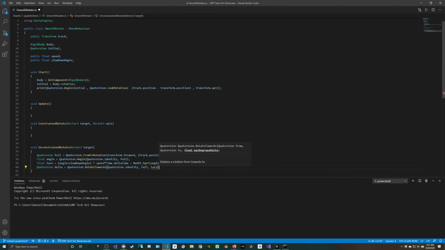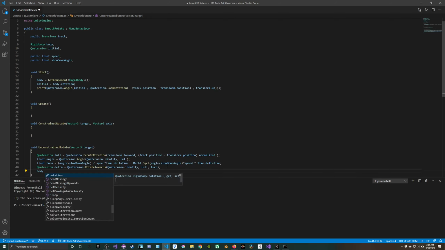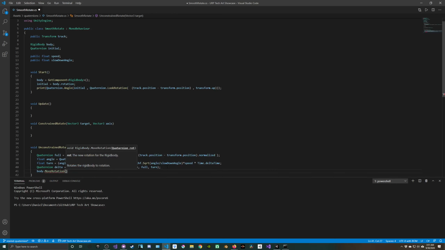And then do turn, and we'll get a quaternion that rotates us in the direction of full by at most turn degrees. And last thing we have to do here is actually tell the rigid body, hey, rotate. So that's real simple. That's just body.MoveRotation, and this is a set function, not a function where we throw in a quaternion and it rotates by it. So we have to do the multiplication, which is just body.rotation, and we have to apply this afterwards.